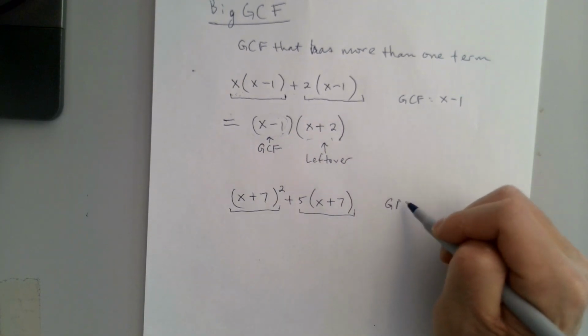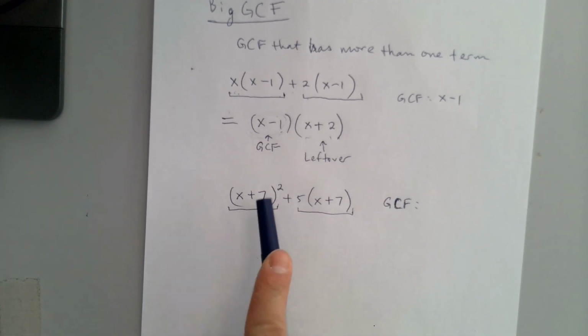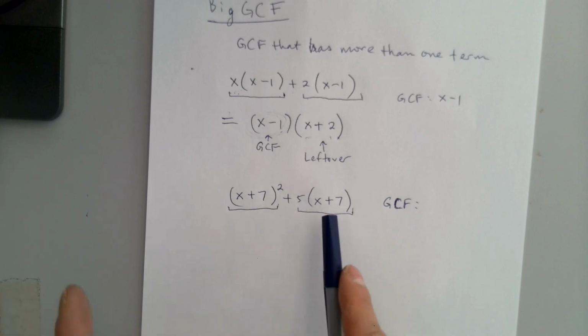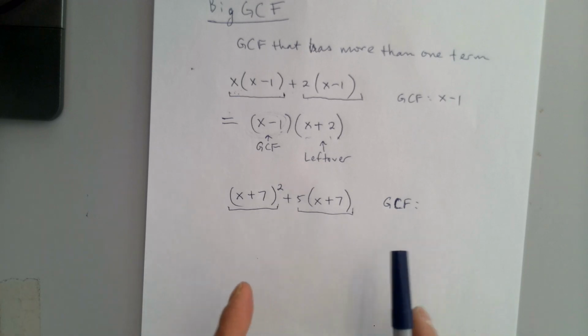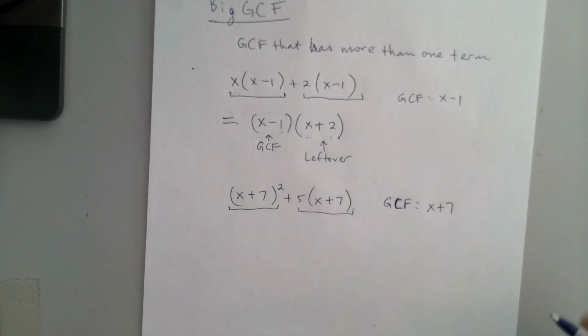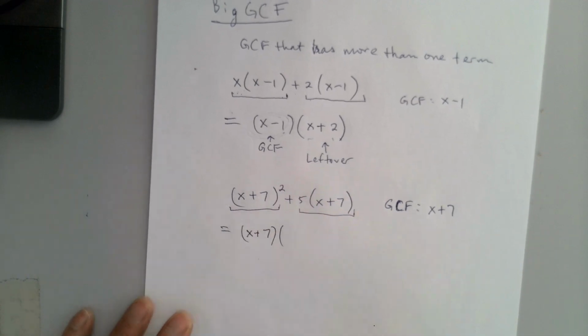And these 2 terms do have a GCF. Since the first term is (x plus 7) times (x plus 7), and the second term is 5 times (x plus 7), both of those terms have x plus 7 as a factor. So I can write that GCF first, and then the leftover.